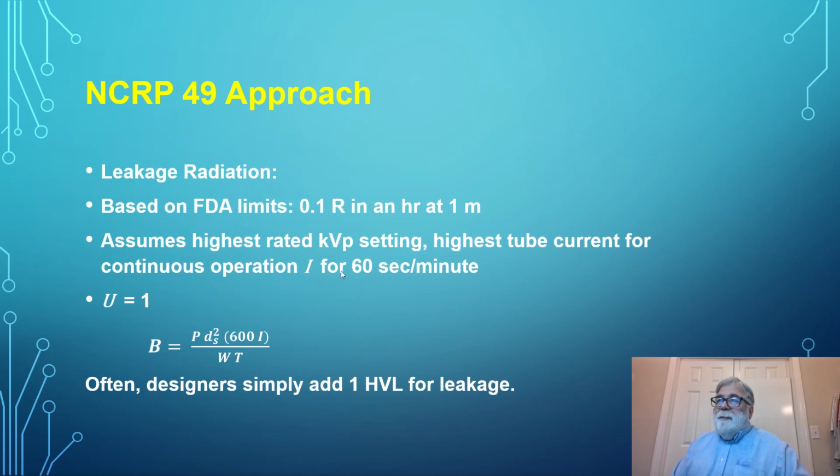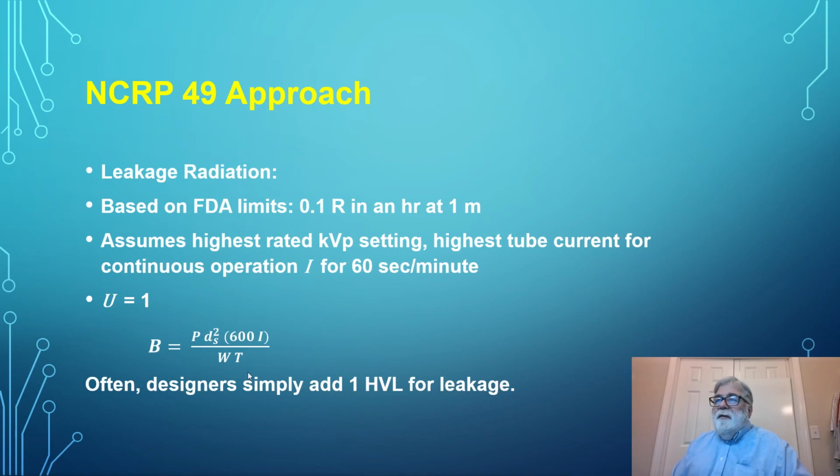And it's continuously operating, so it's operating for 60 seconds a minute, and the 0.1 is figured here. That's why it's 600 instead of 60. That's the one over the 0.1. The leakage is in all directions, so the use factor is 1 also. So this is the formula for leakage radiation. We know our W. The facility tells us we have this many mA minutes per week.